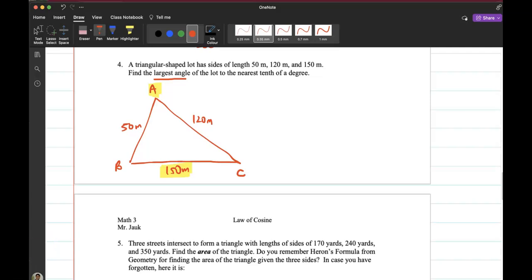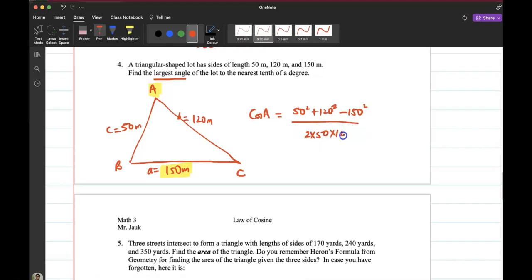Did I learn this or no? Yeah. Plus 50. This is C. So your cos A is equal to B squared plus C squared minus 150 squared.